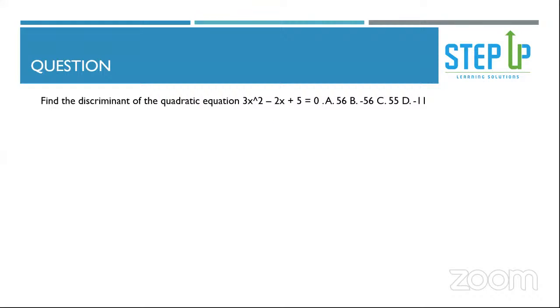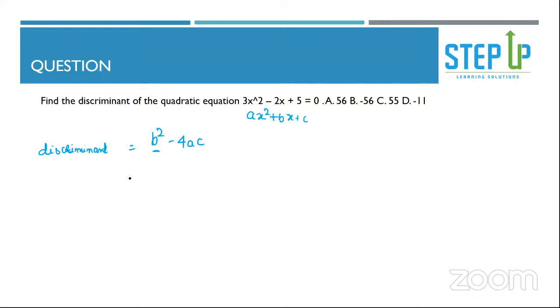So b square minus 4ac is the discriminant. The equation is ax square plus bx plus c.